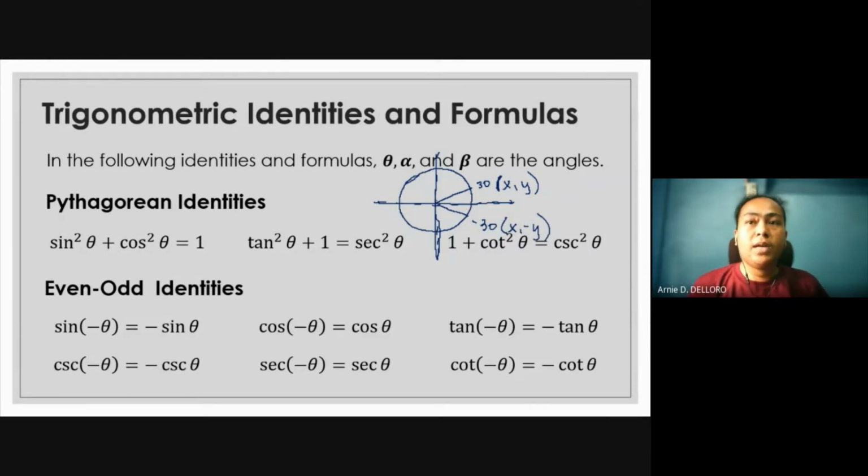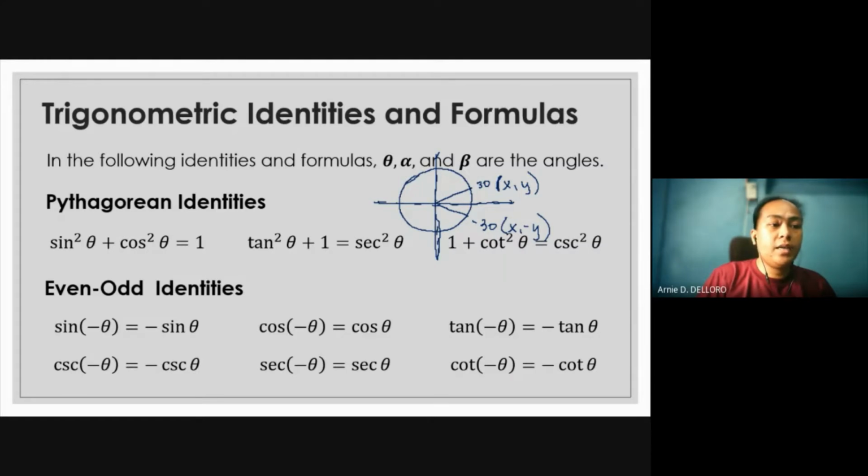Okay? So kapag kinuha natin yung negative ng angle, we have negative 30. Di ba yung value na dito is negative, which is not the same kapag positive yung angle. So we have here the sine of a negative angle is equal to negative sine of the angle. Parang nilabas lang natin yung negative ng sine ng angle na meron tayo. Same for cosecant theta, since sine and cosecant are reciprocal identities.